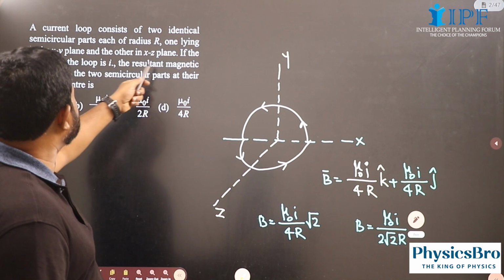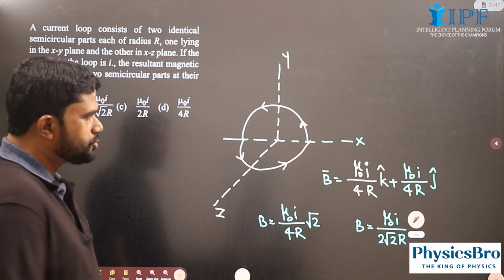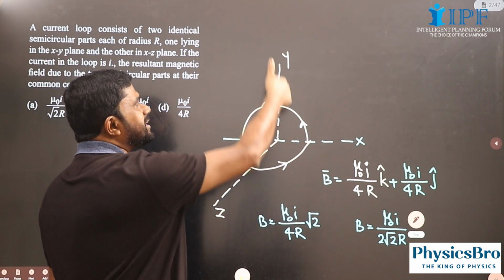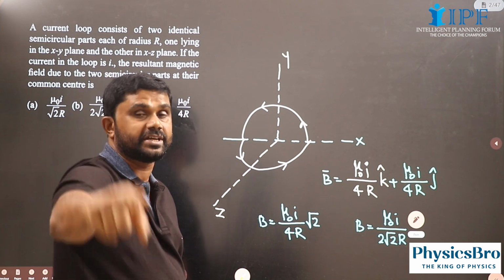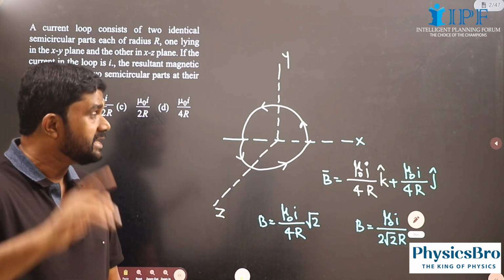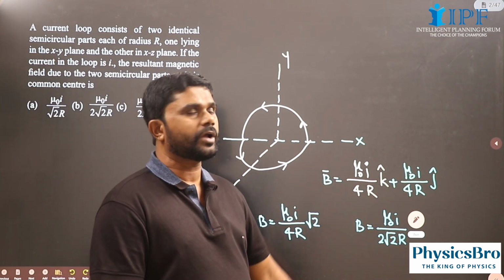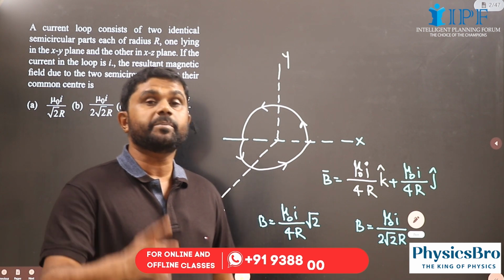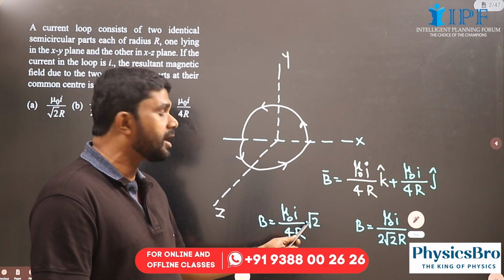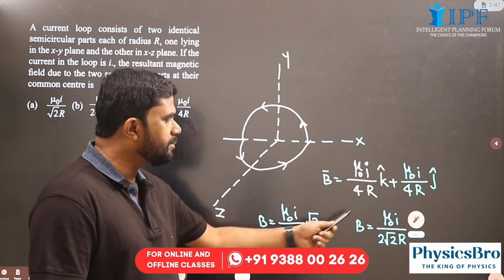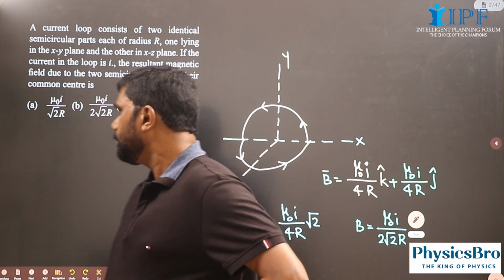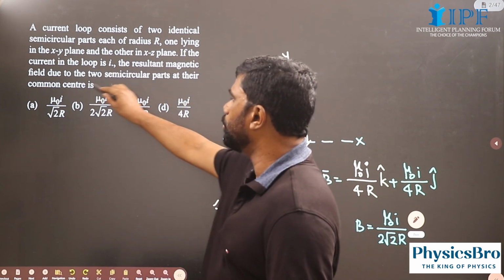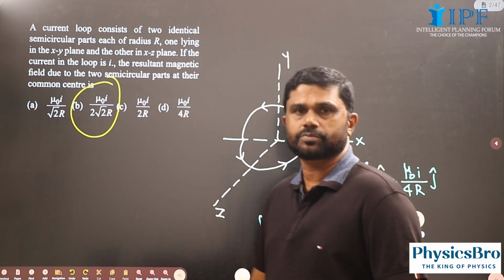The current is like this and the magnetic field will be along the positive y direction: mu 0 I by 4r j cap. So the resultant will be mu 0 I by 4r into root 2, or we can write mu 0 I by 2 root 2 r. This must be the correct option.